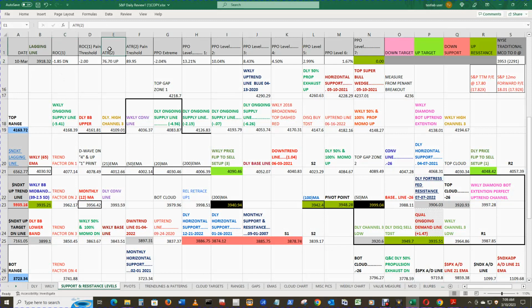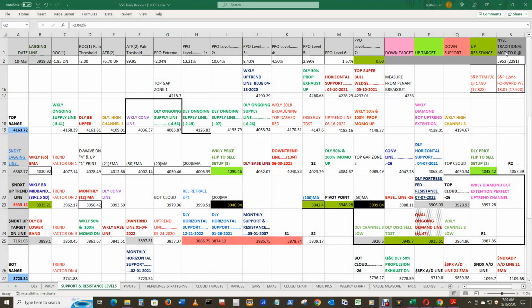And the ATR2 raced out of the green zone and is well above its negative volatility line at 76.70. And the PPO extreme took a turn for the worse. It's at negative 2.04 under zero.